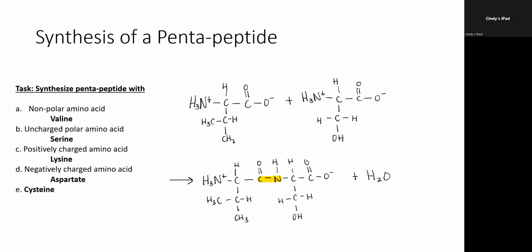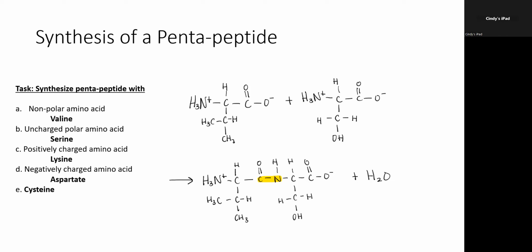So basically, when you synthesize an amino acid, you're forming peptide bonds, and that happens when a water molecule is removed. The carboxyl group's C is left over, and then it forms a bond with the amino group's N, and that's how you link each amino acid together.